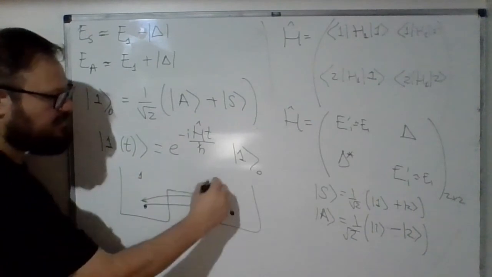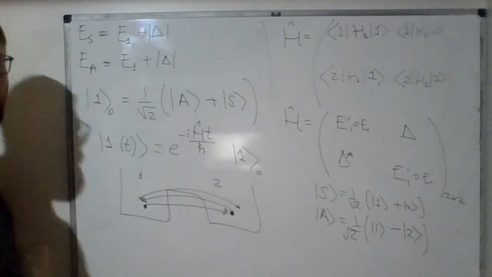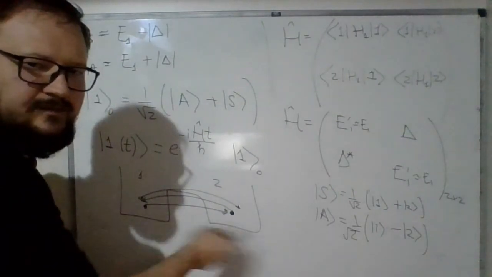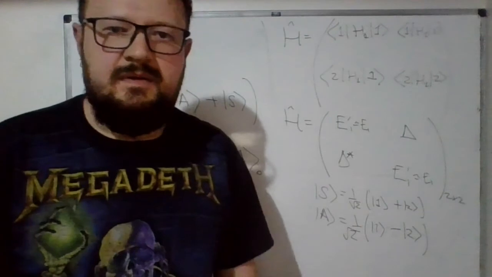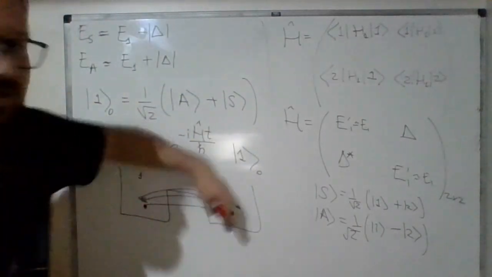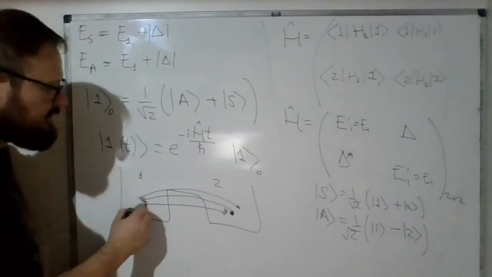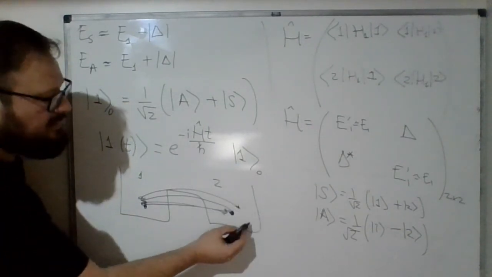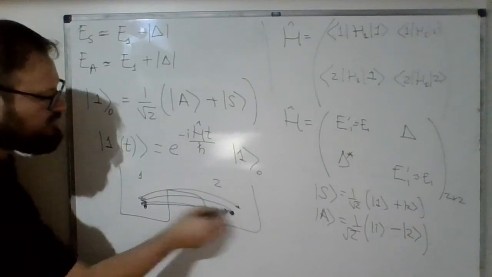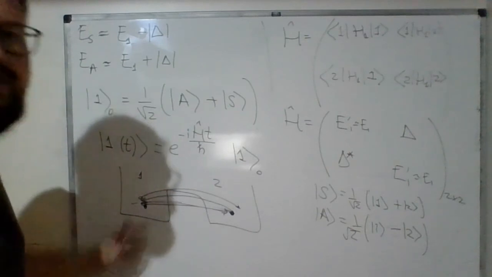So this is 1, this is 2, and then it goes back, and it keeps tunneling forever here if the problem is non-perturbed by any other means. Right? So the particle starts here, tunnels to the right-hand side, and after being here, it will tunnel back, and it keeps tunneling from one side to the other.